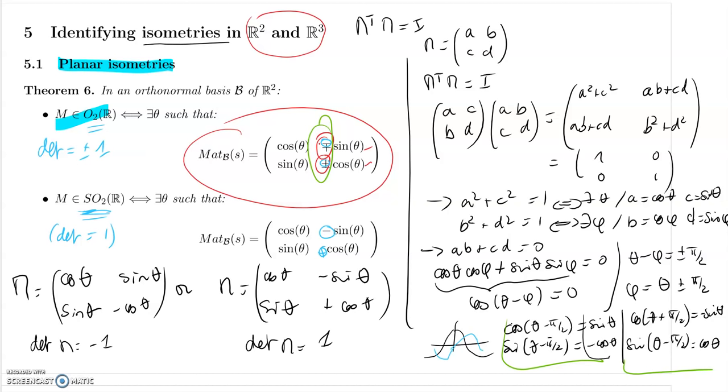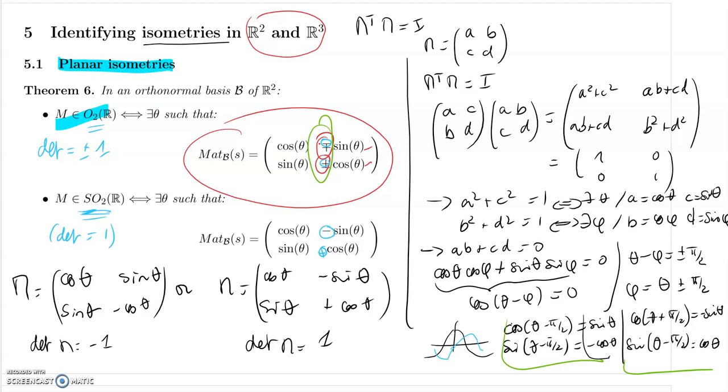And you can remember that the specific cases of the orthogonal symmetry that we treated last time correspond to some specific choices of theta.